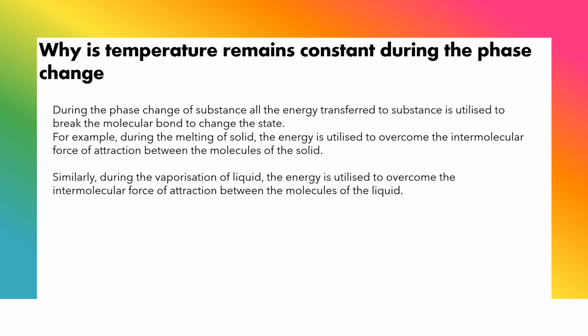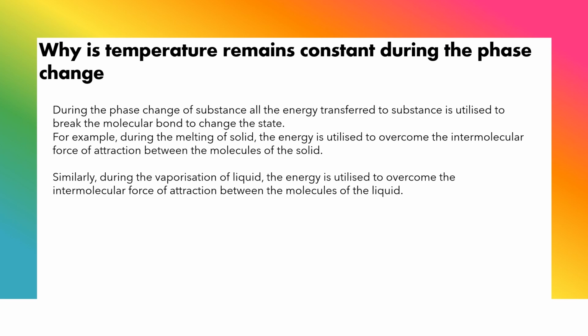Let's say if there is ice which is melting to the liquid, then the bonds which are broken are between the molecules of the solid, and when the bonds between the molecules are broken, they convert into liquid.